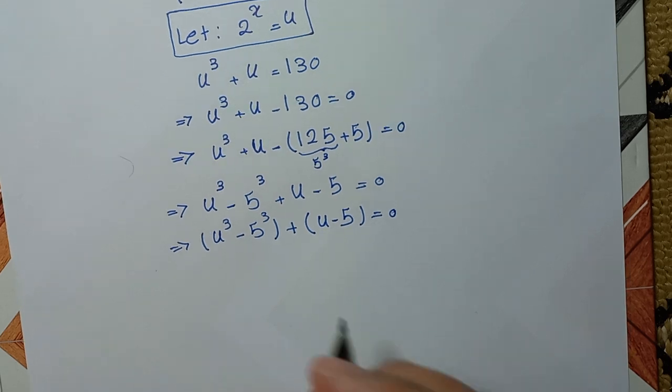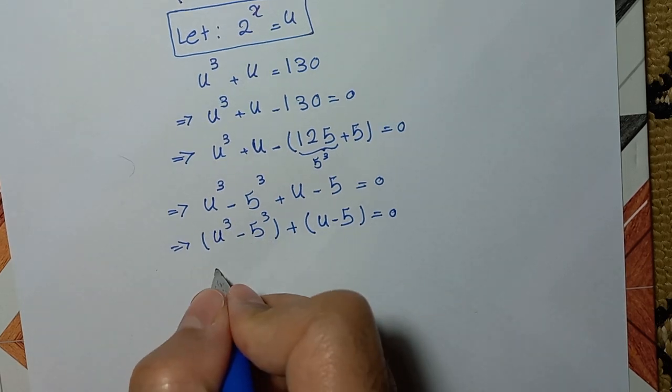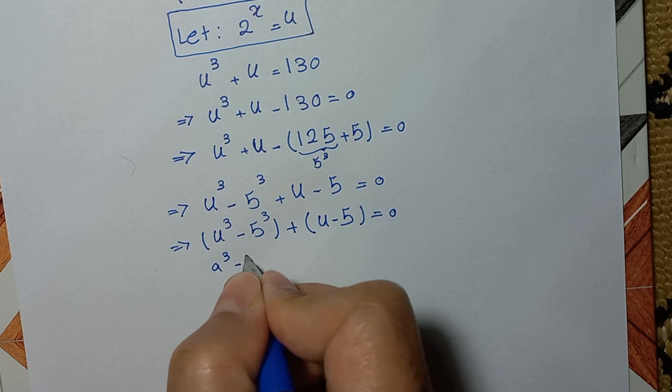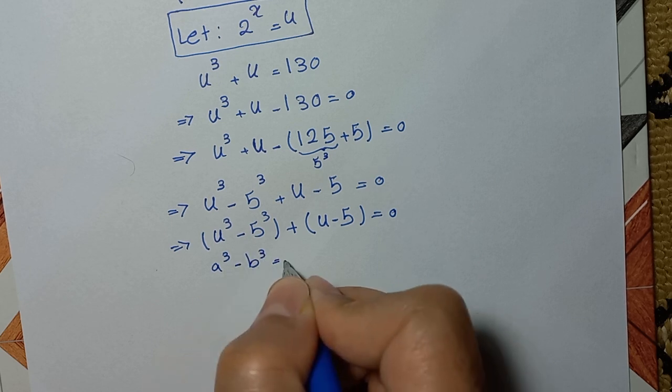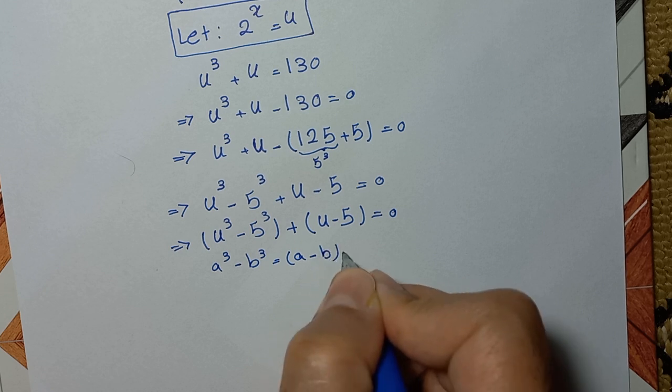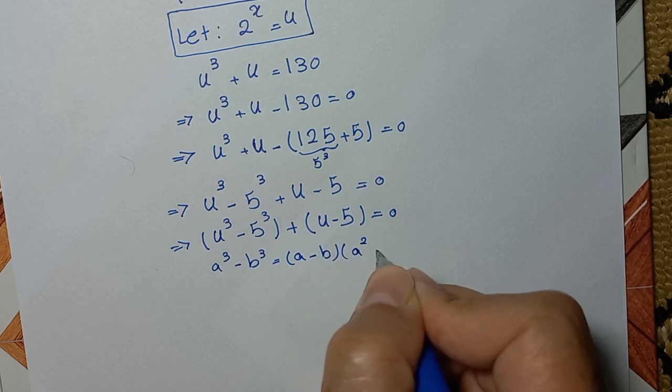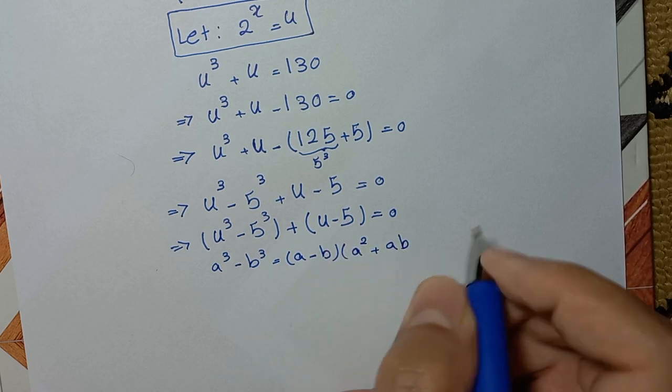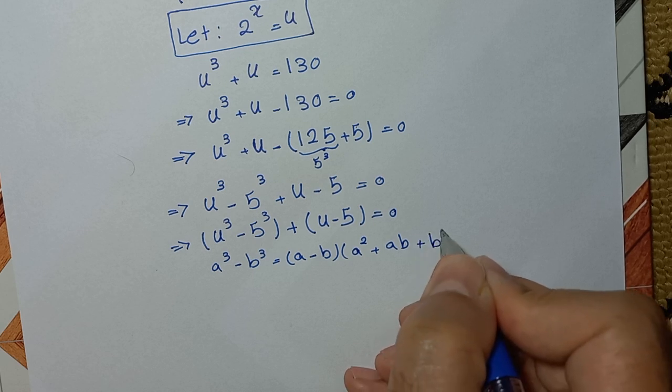As you know, this is in the form of a cube minus b cube, and this is equals to a minus b times a square plus a times b and plus b square.